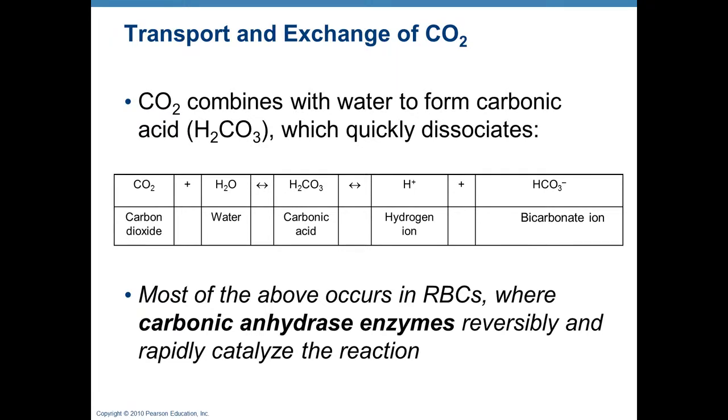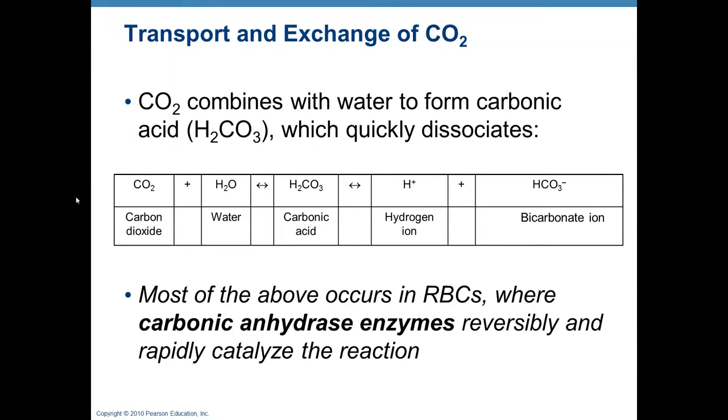If you have more of it around, the pH of your body fluids is going to go down because acids lower your pH. If you have less of it around, like if your cells are not producing as much of it, you have less acid, so the pH of your body fluids goes up. It becomes more alkaline.